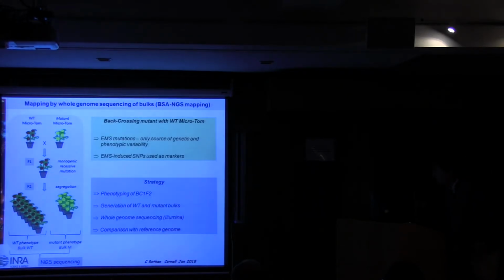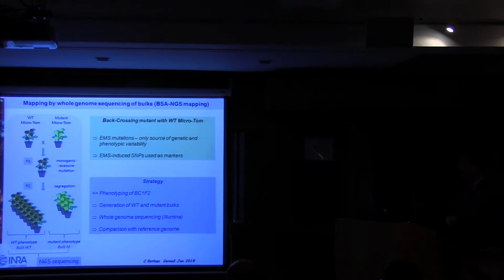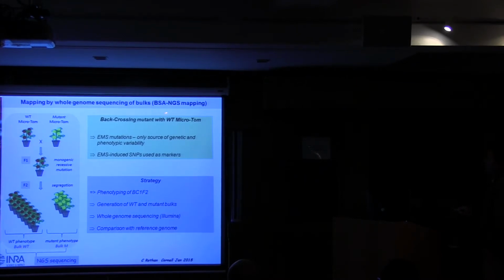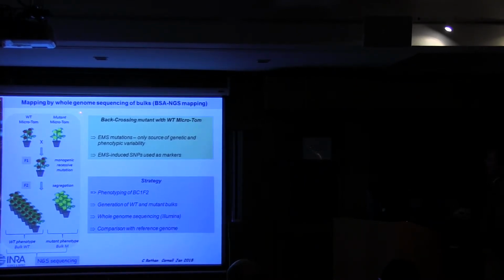So what we did is to go for NGS mapping by bulk segregant analysis. The idea is to cross the mutant with wild type Microtom that doesn't carry the mutation.